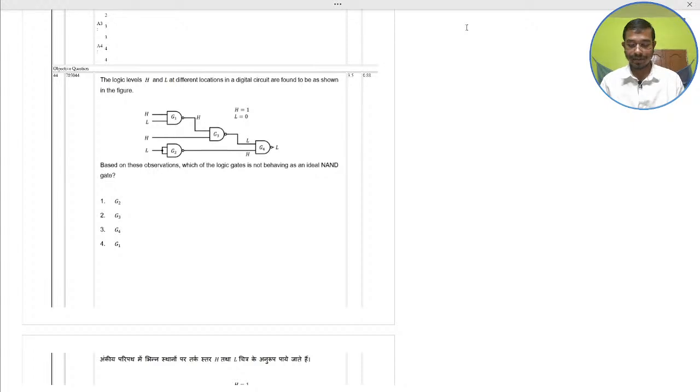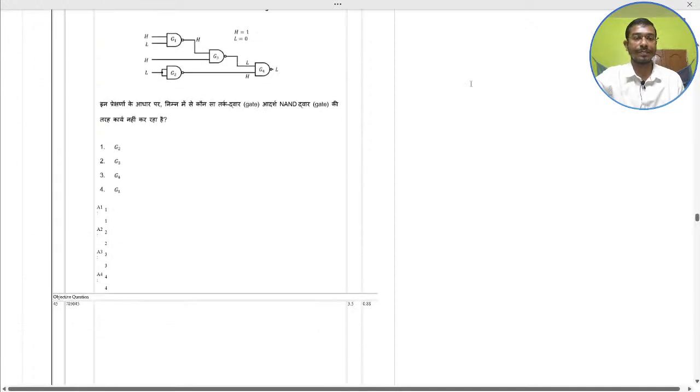This is from logic gate electronics. Simply do the truth table and match the options G2, G3, G4, G1. I write the correct answer: G3, G4 would be the correct. Homework number 4. Do it yourself for your better practice and give me the answer.